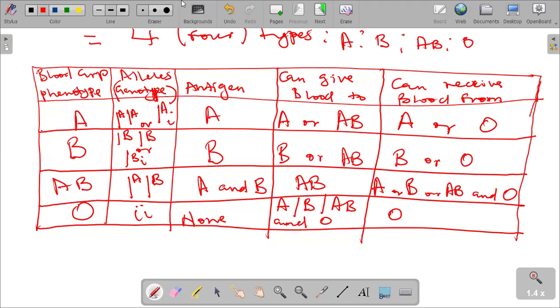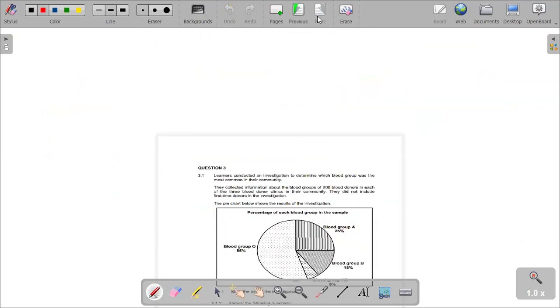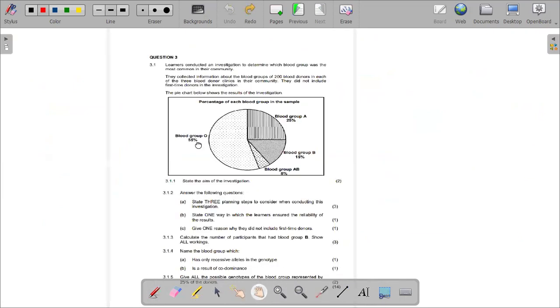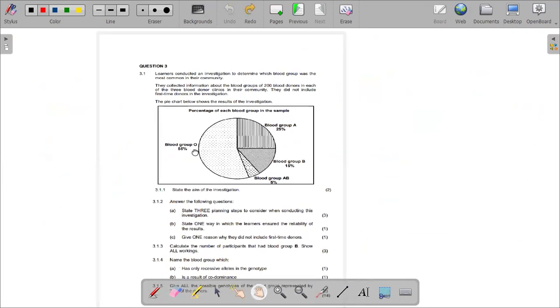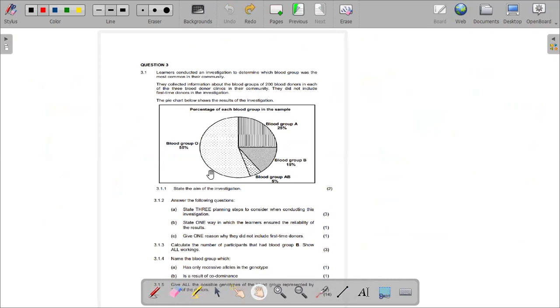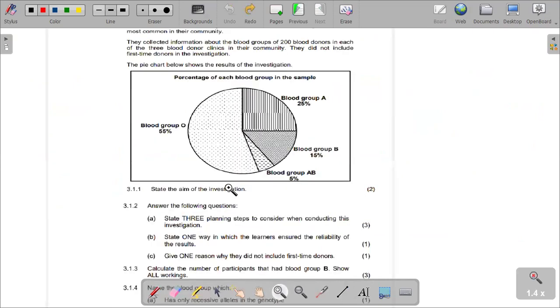And I'm sure we can now have our next question, which is another part of this question, the last part of the question paper that we are discussing now.